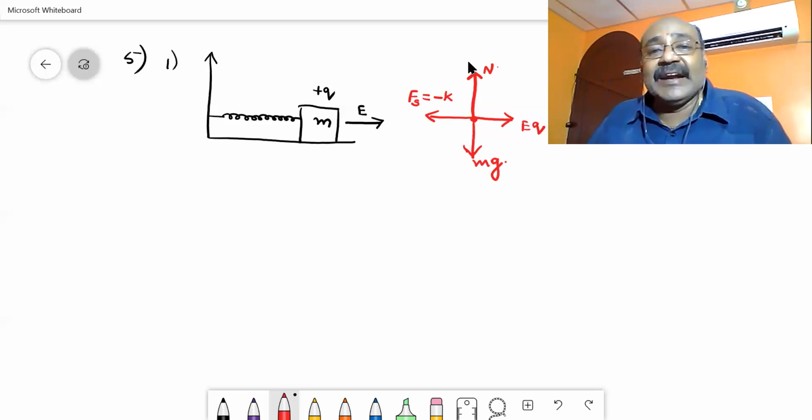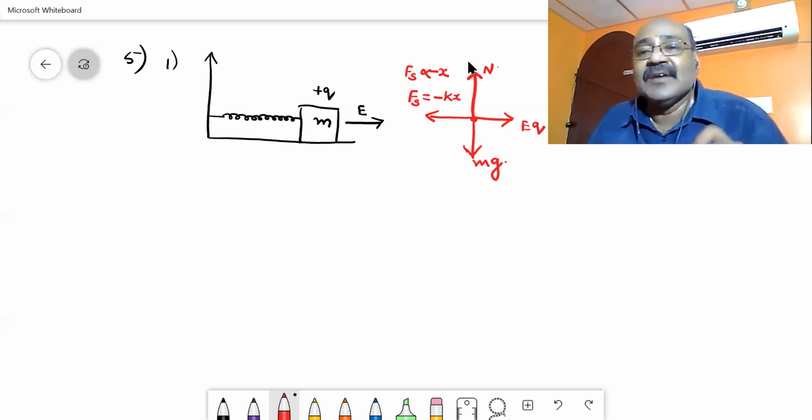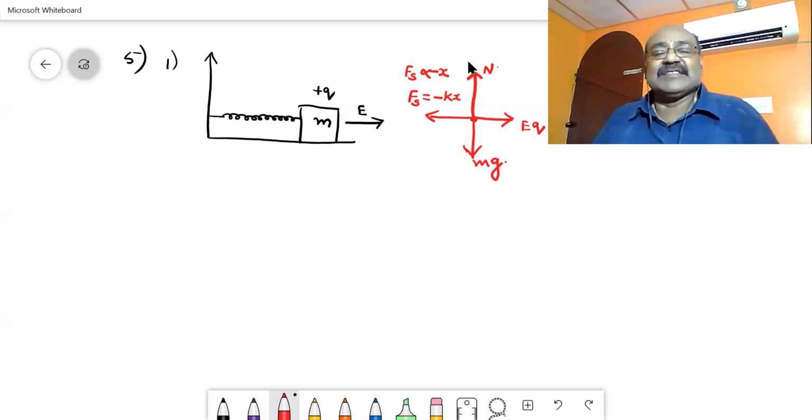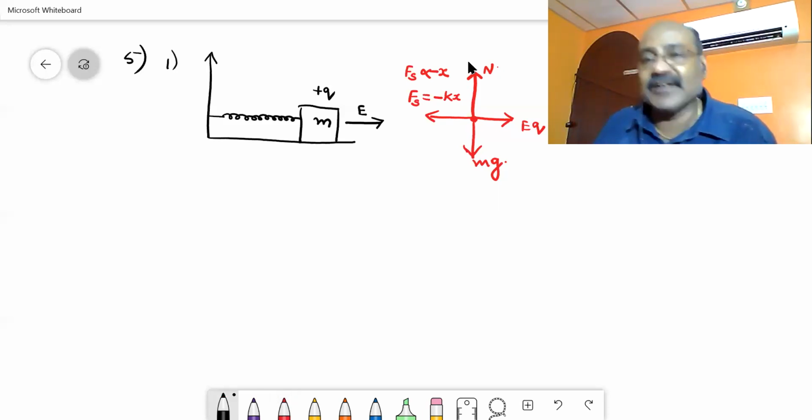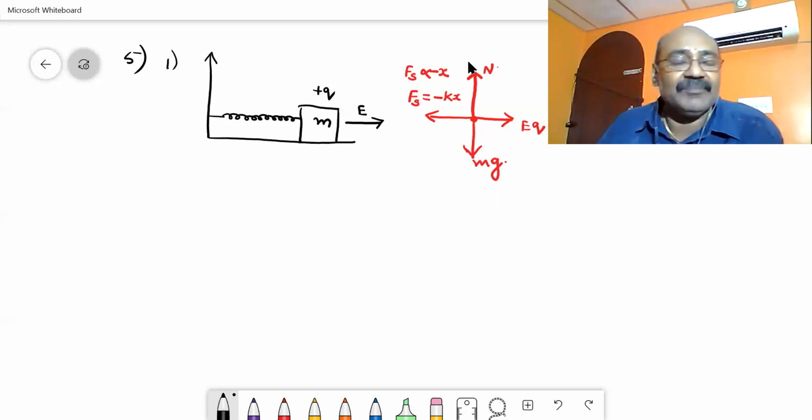You might have studied in your 11th standard that Fs is directly proportional to displacement directed towards the center. When you are removing the proportionality, we are introducing a constant, and that constant we call the force constant. So Fs is equal to minus k into x. So this is the free body diagram for the first situation that was being given in your book.